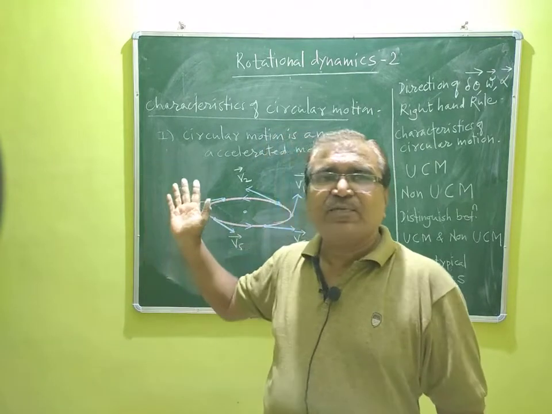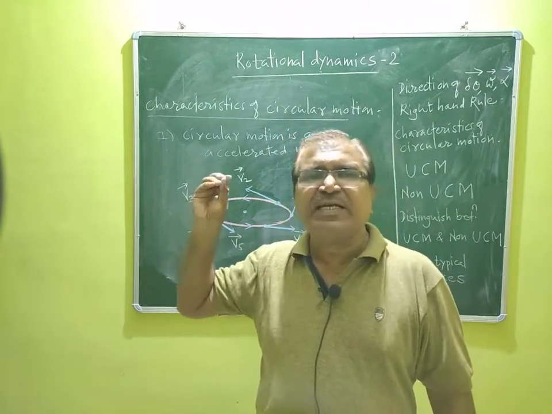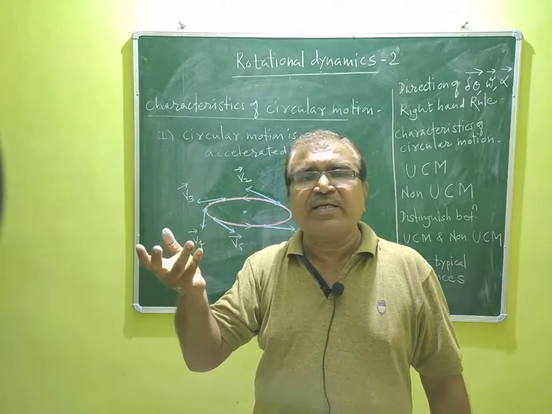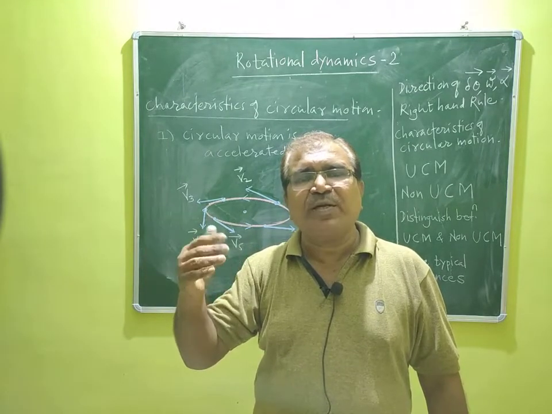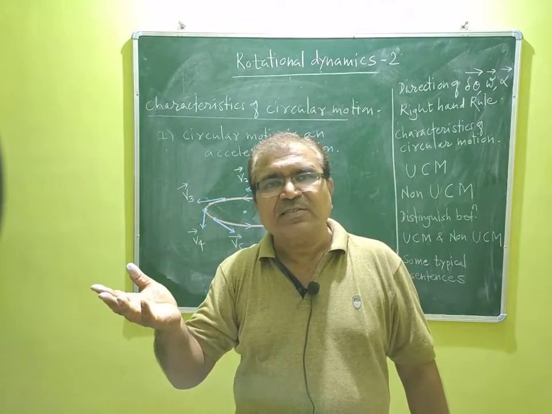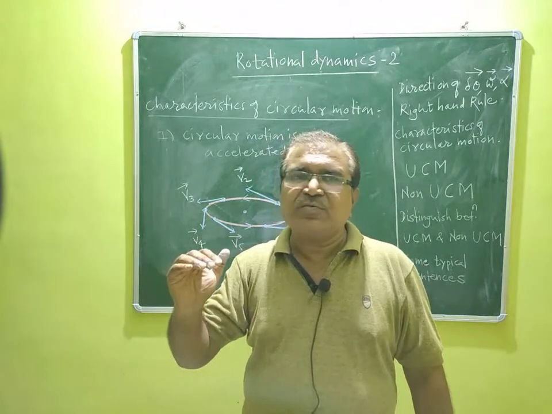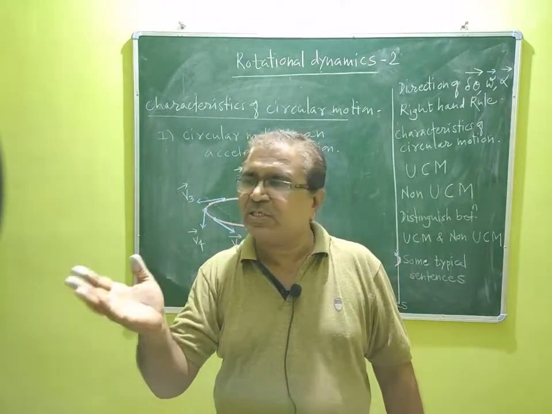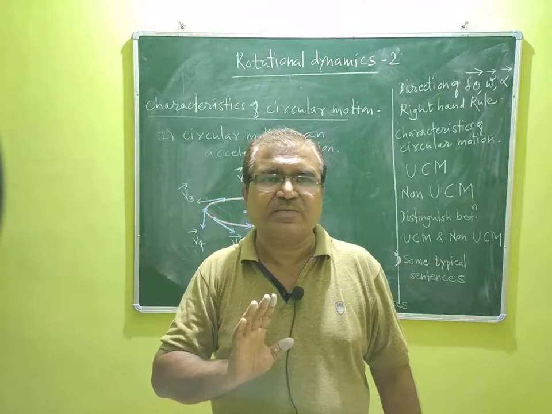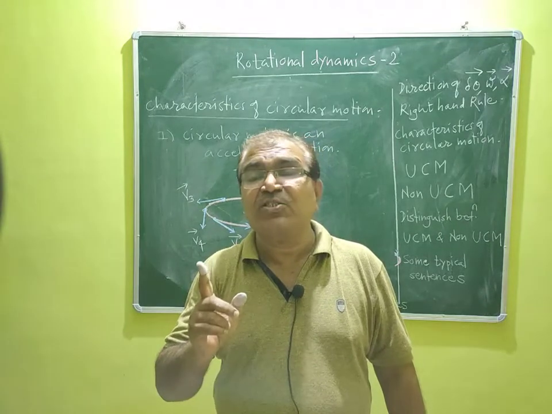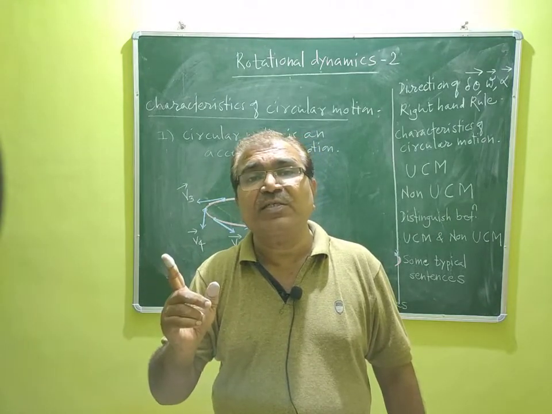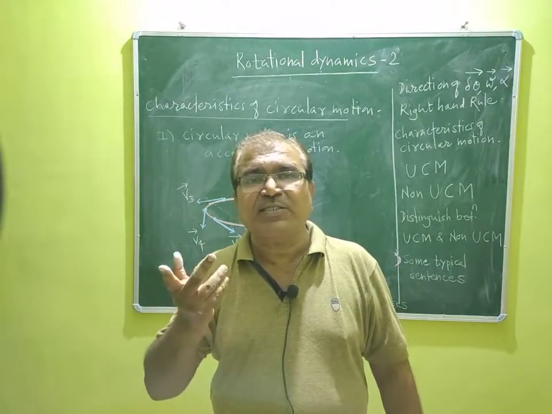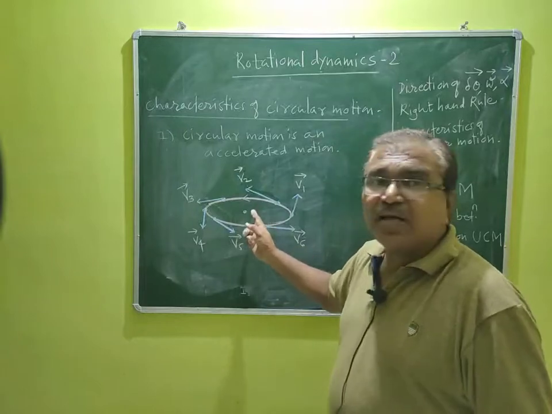So dear guys, from the diagram it is clearly understood that the magnitude of the linear velocity may or may not change, but the direction of linear velocity at every position of the particle changes, as shown by the diagram.